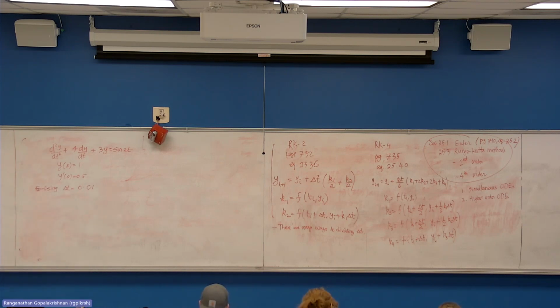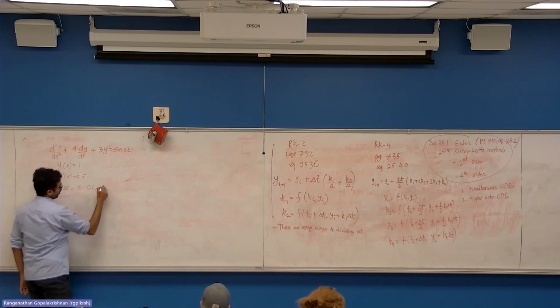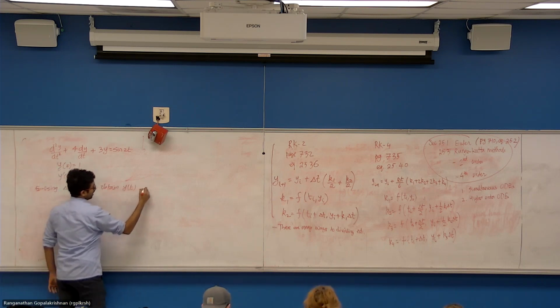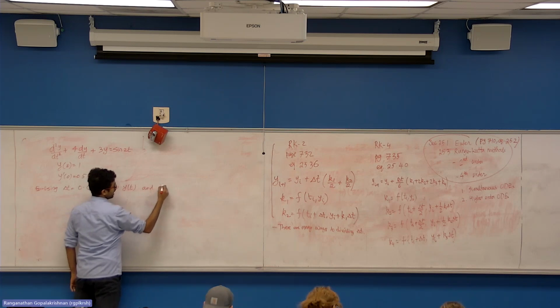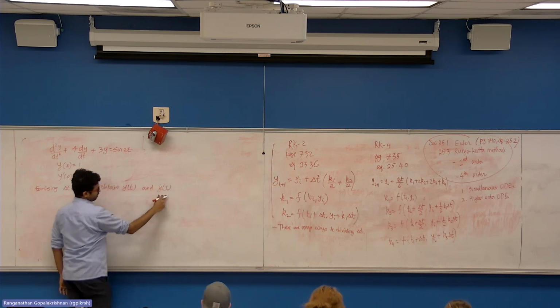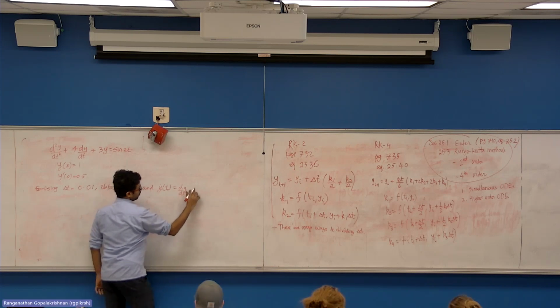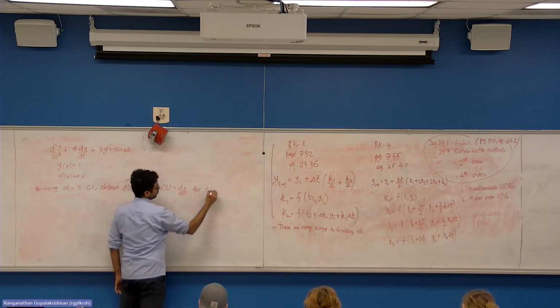Using a delta t of 0.01, obtain y of t and the derivative of y with respect to time, y dot of t, for t equals 0 to 1.